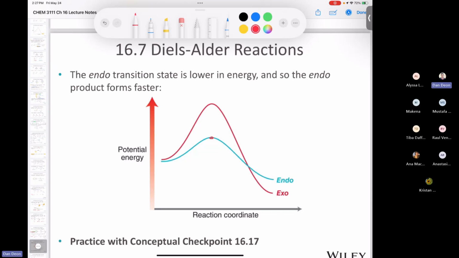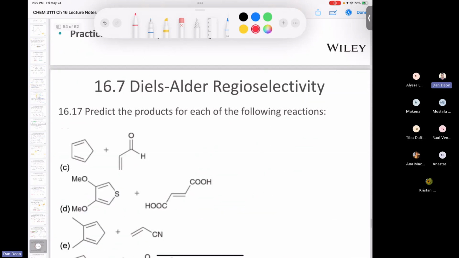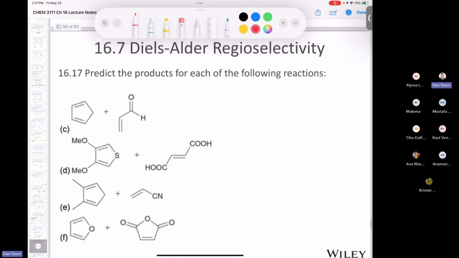So the transition state is more stable, or lower in energy, and so it forms faster. You have lower EA, therefore forms faster, is all you really need to know. The exo is more stable, but again, lower activation energy, and so the endo forms faster, and so that's going to predominate.